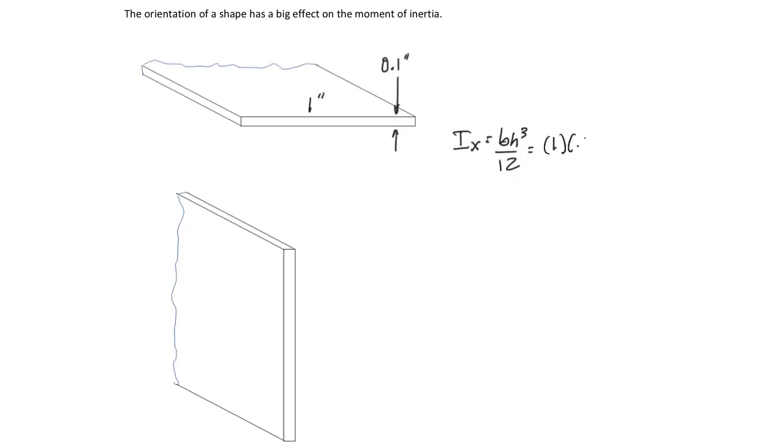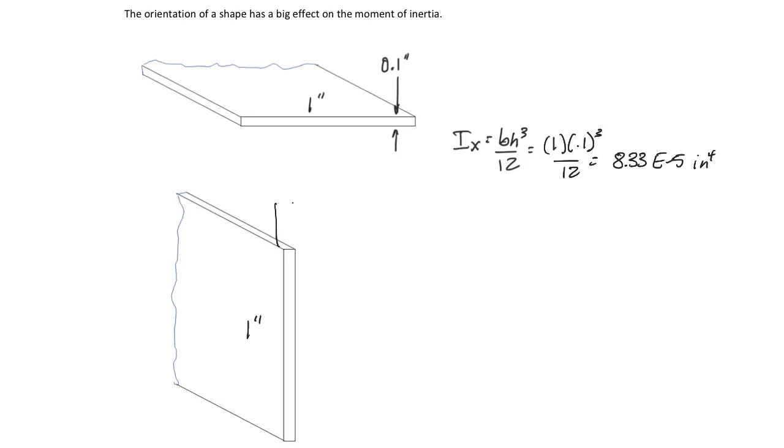So that's going to be 1 times 0.1 cubed over 12, that's equal to 8.33 e to the minus 5th inches to the 4th. Now, that number in and of itself doesn't really mean very much. The units of inches to the 4th doesn't feel like it has much absolute meaning. But what we're going to do is compare this to the stiffness in this other orientation, and I think there we can understand what the value is a little bit better.